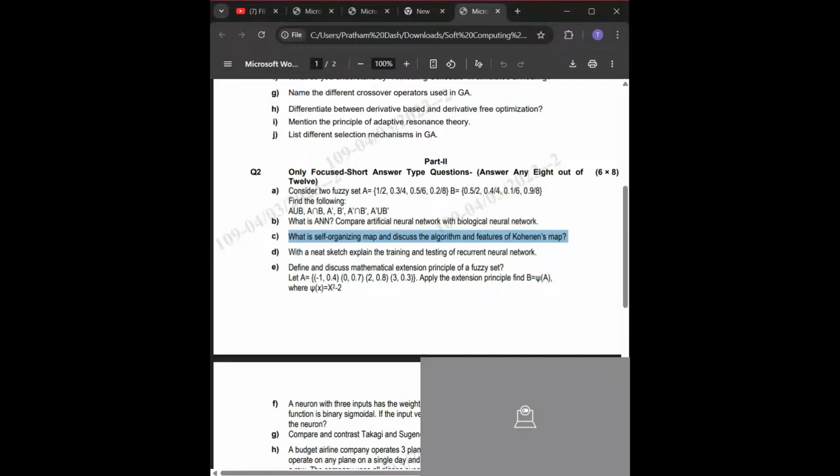What happens is there's a competition between the neurons, and the winner neuron gets updated with best matching unit along with its neighbors. This performs self-organization, clustering, and feature mapping without labeled data.